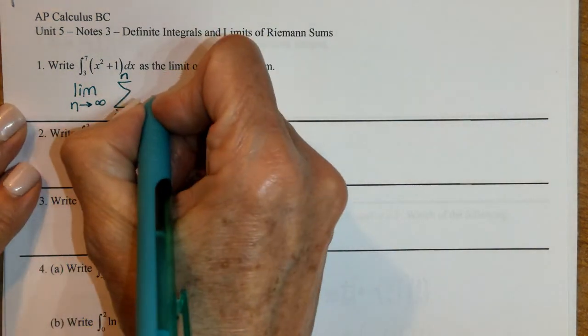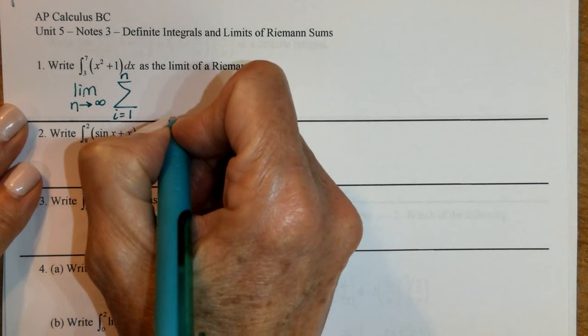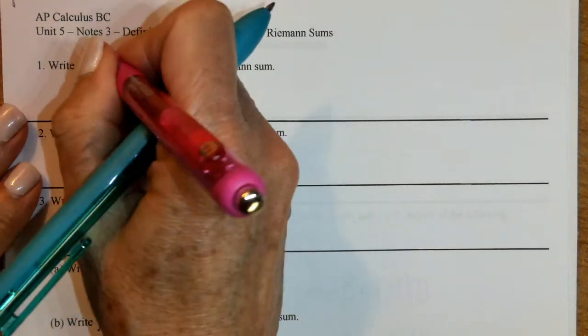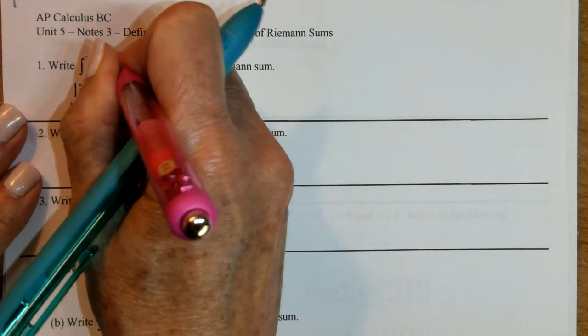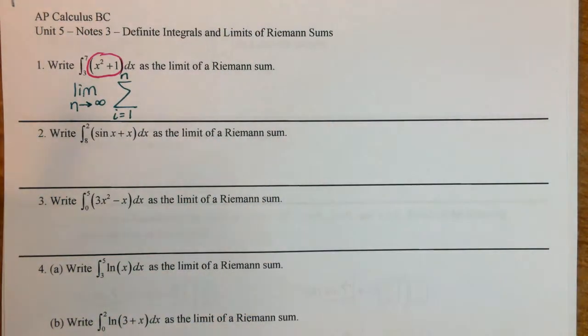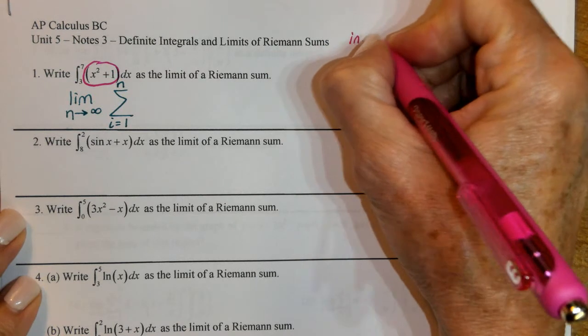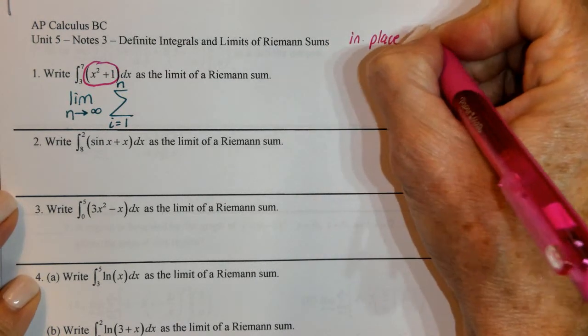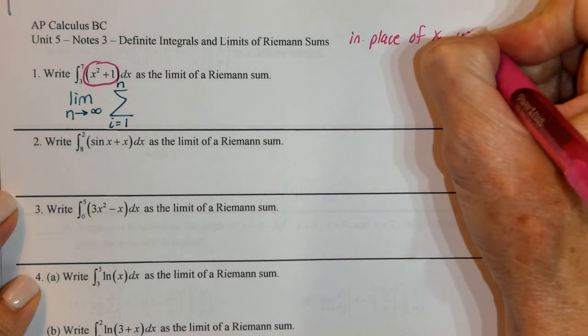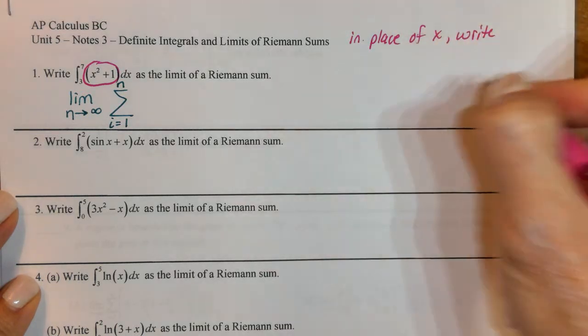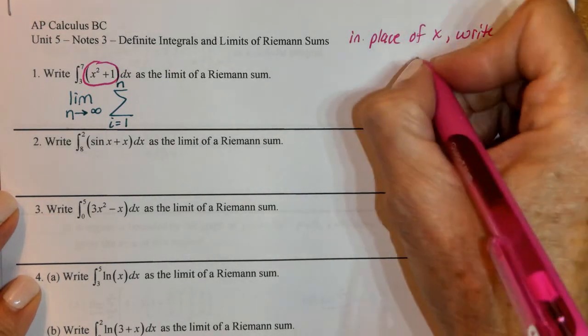Now here comes our function. Well, our function is x squared plus 1. But in place of x, I'm going to write this up here. Remember, this came from the x value for each rectangle.